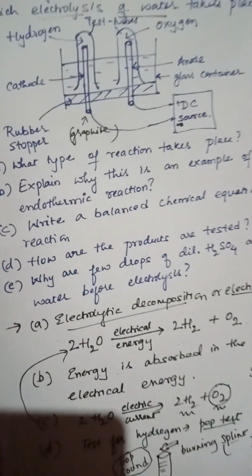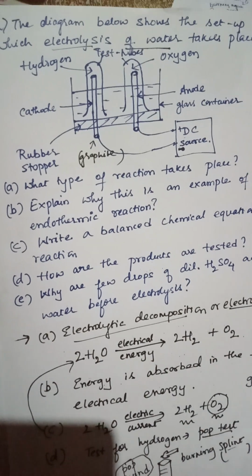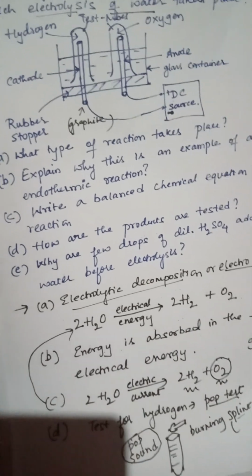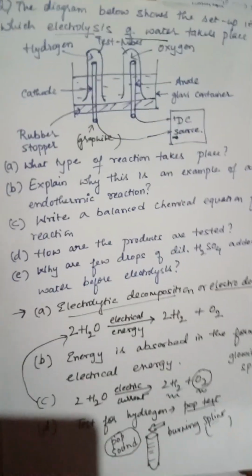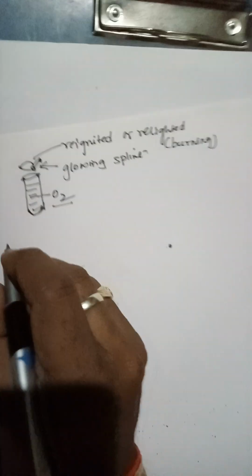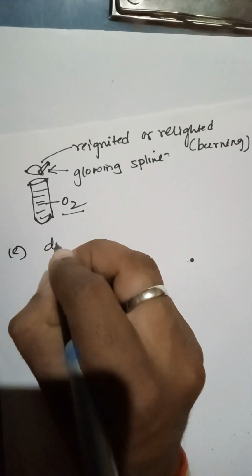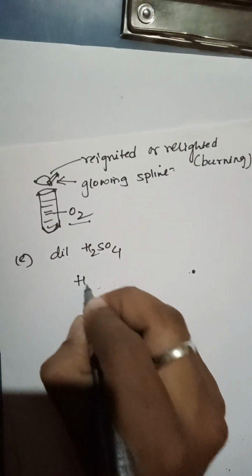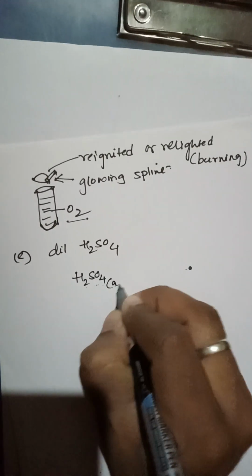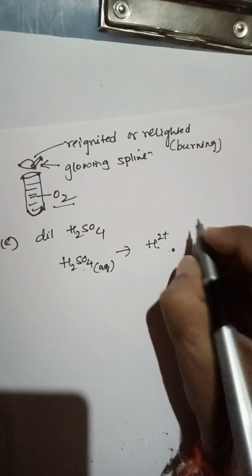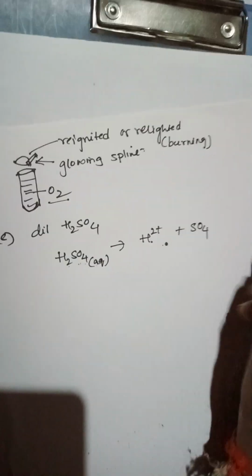Now before electric current is passed through water, few drops of dilute sulfuric acid are added. Why is it added is the question which is asked in question E. So here, dilute sulfuric acid will dissociate itself in the presence of water to form hydrogen ions and sulfate ions.